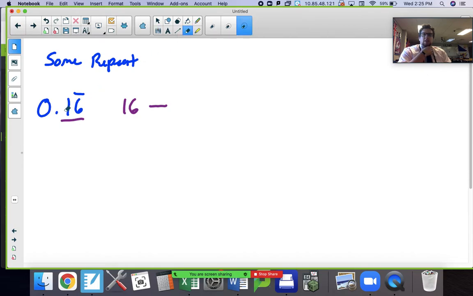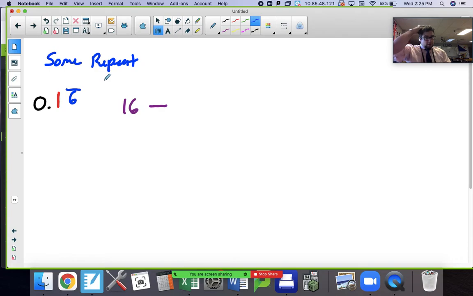So I'm going to change this and I'm going to color code it. So black, this number does not matter. We have the 1, we then have the 6, and the 6 is being repeated. So we take the 16, the whole number, and we subtract all of the non-repeating digits.